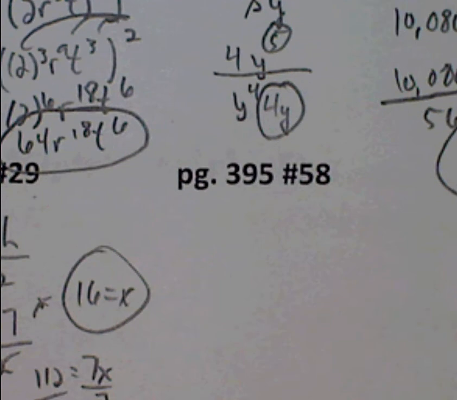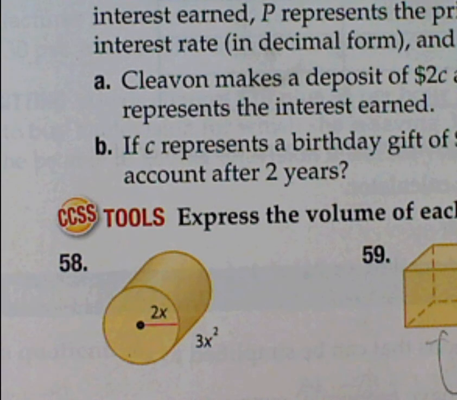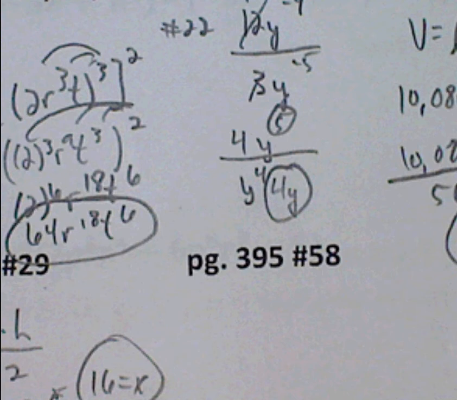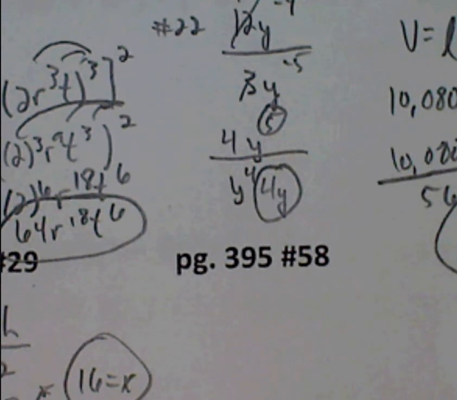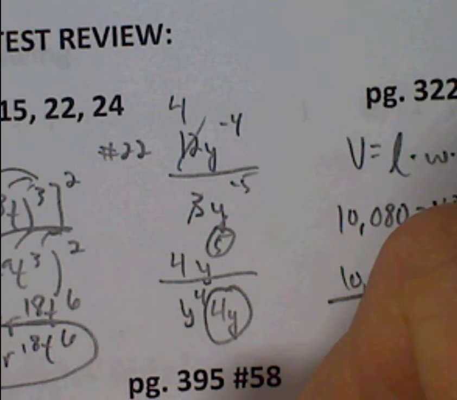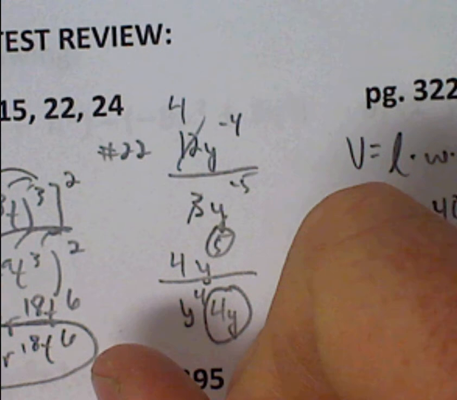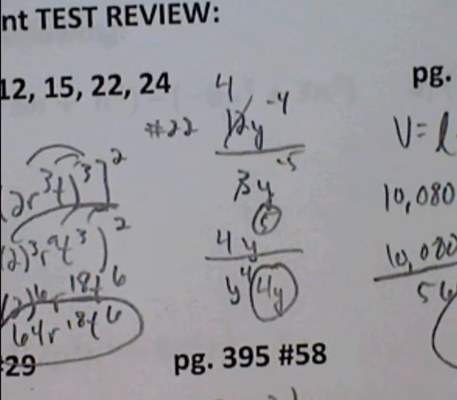Page 395, number 58. So it says that I need to find the volume of this cylinder. So the formula of a cylinder is pi r squared h.